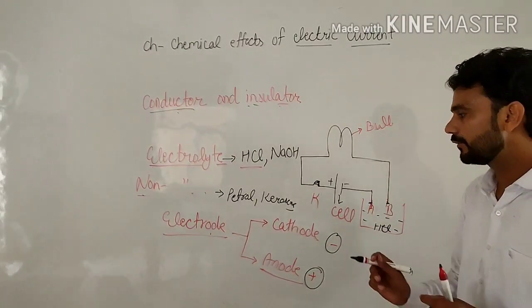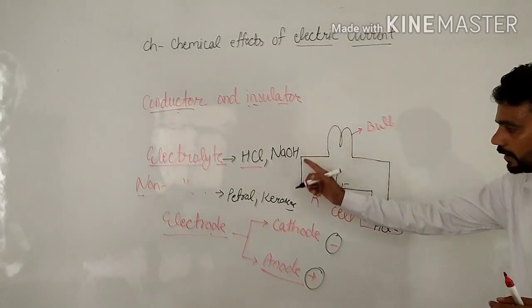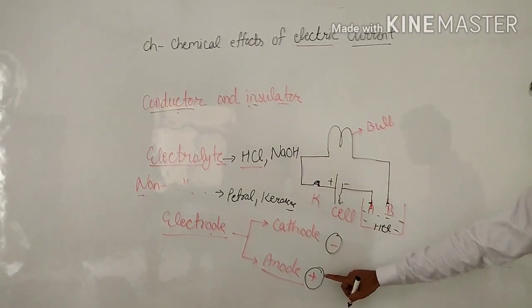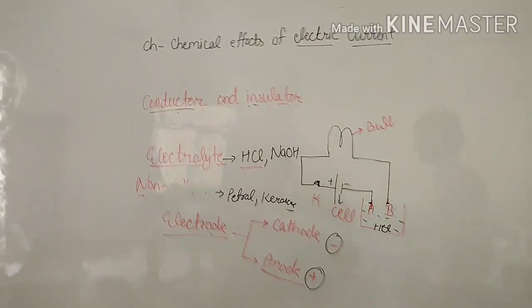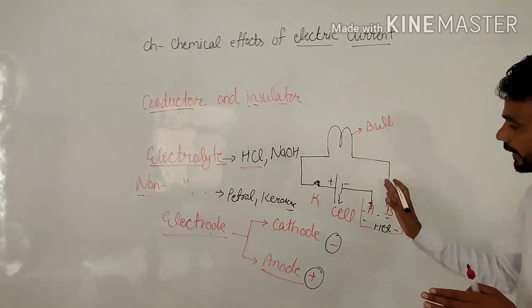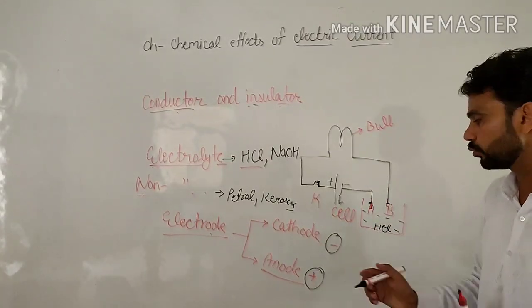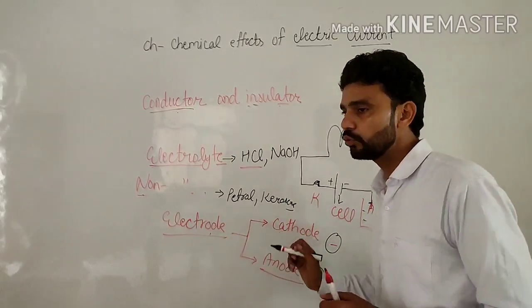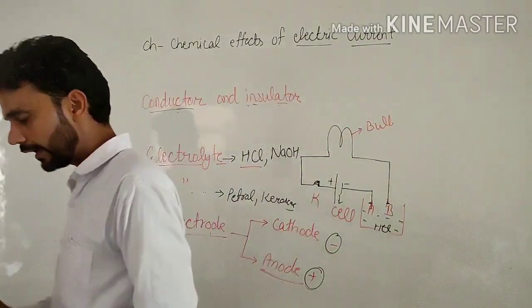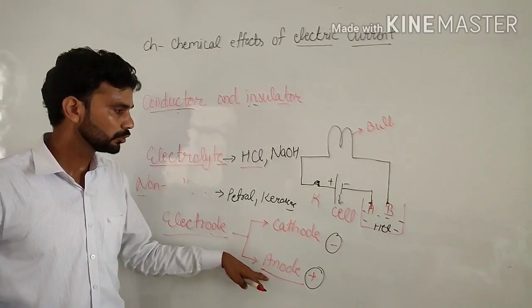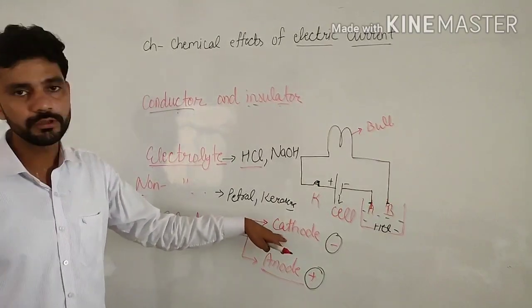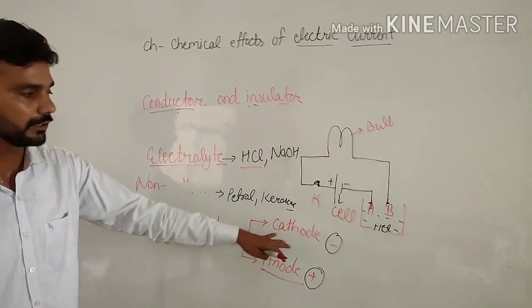The metal wire connected to the positive terminal of the cell or battery is known as anode, and the metal wire or plate connected to the negative terminal is the cathode. So we have two types of electrodes here, anode and cathode. Anode is positively connected and cathode is negatively connected.